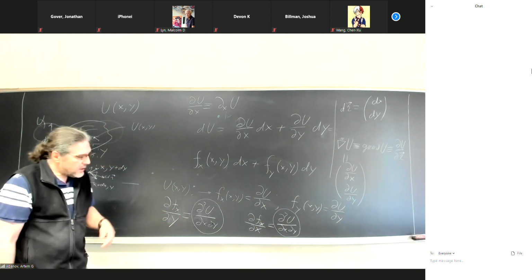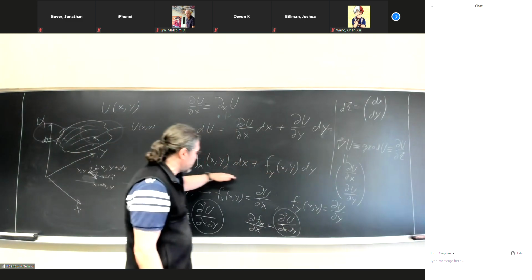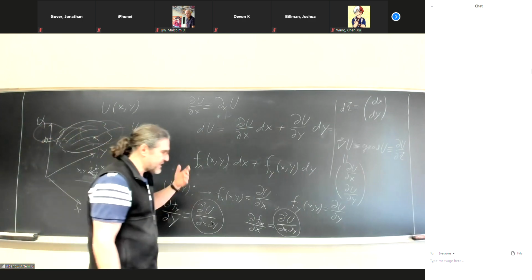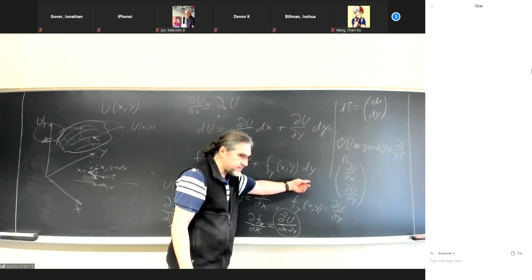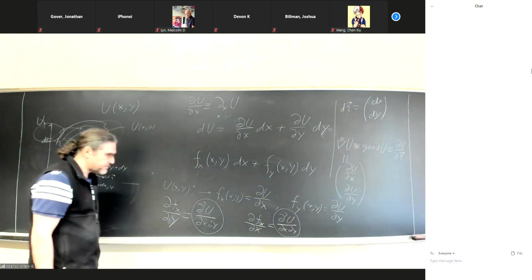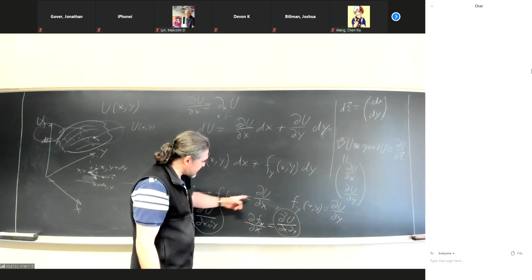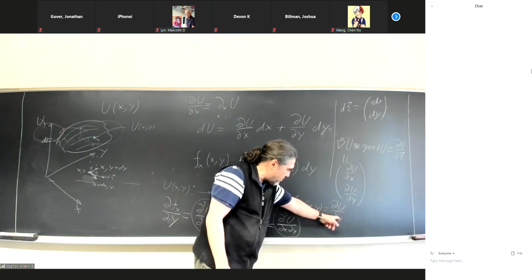So again, we assume that this is the full differential of some function. So a function u exists such that its differential equals this one. If it is so, then fx must be equal to du over dx, fy must be equal to du over dy.